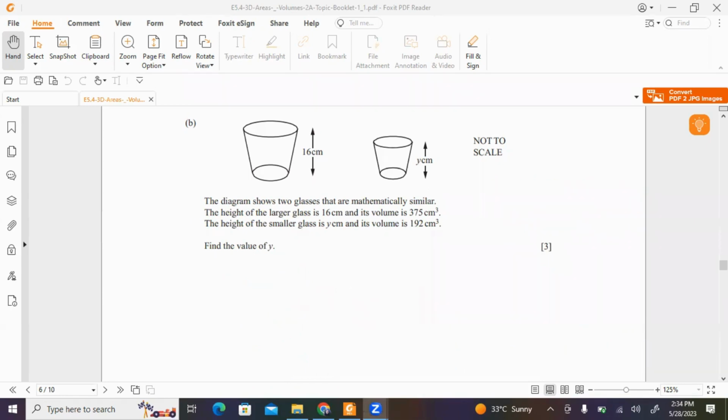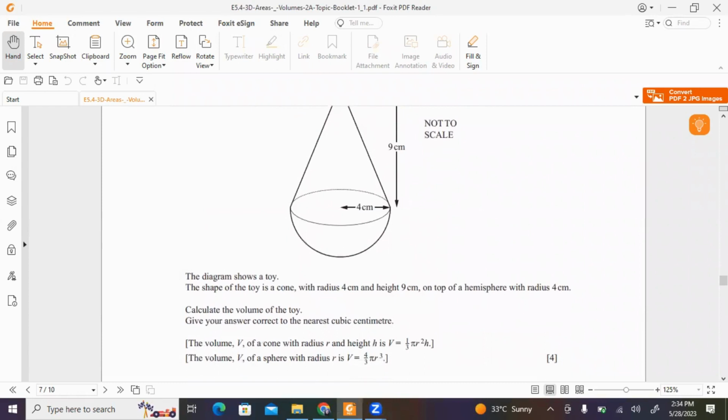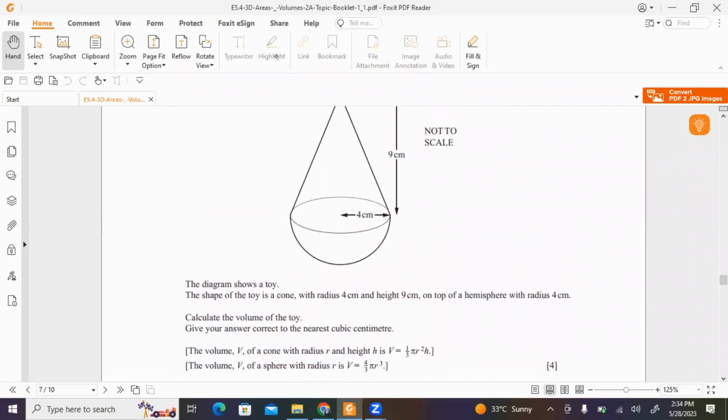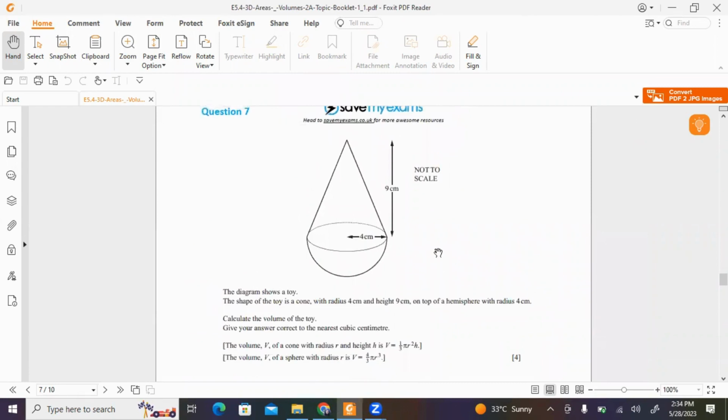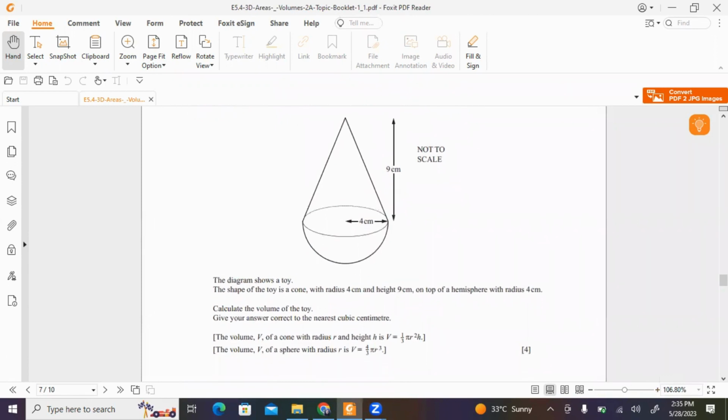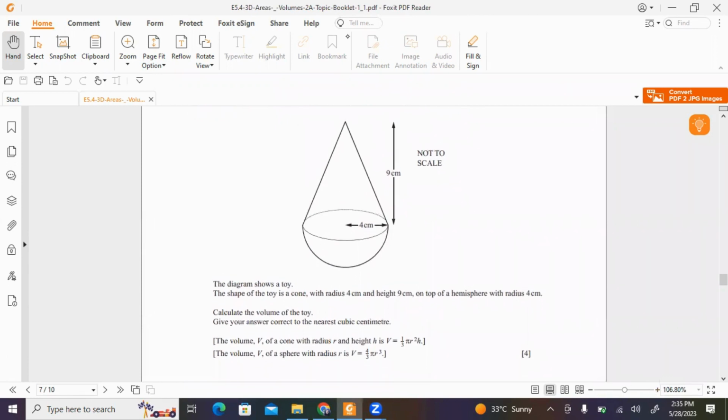Then question 7 is asking us to find the volume of the solid. So as you can see, it's a composite shape. In this composite shape, the first half of the shape is a cone, and the second half is a hemisphere.